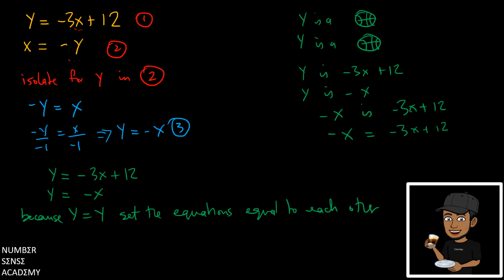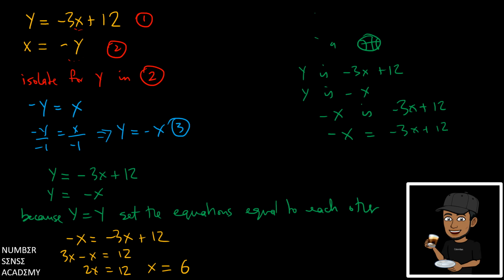Because y is equal to y, then that means negative x is equal to negative 3x plus 12. So now I just solve. I still have my one variable. So I have 3x minus x is equal to 12. So I have 2x is equal to 12. And then x is equal to 6. And let me just erase all of this so I could use up this real estate.